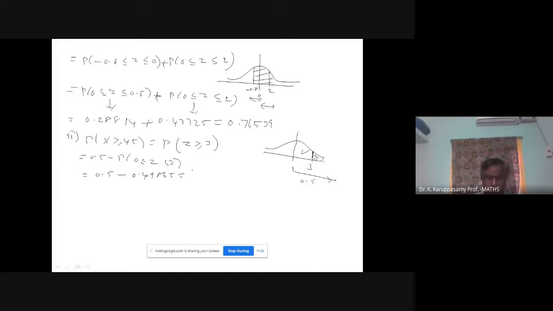If you subtract, your calculator will display the answer like this: 1.35 into 10 power minus 3.